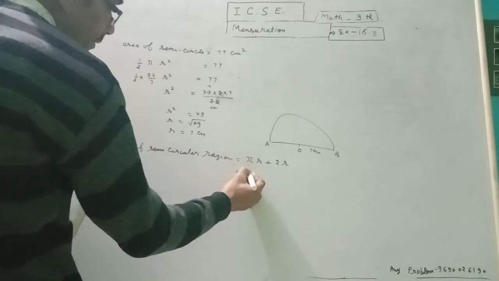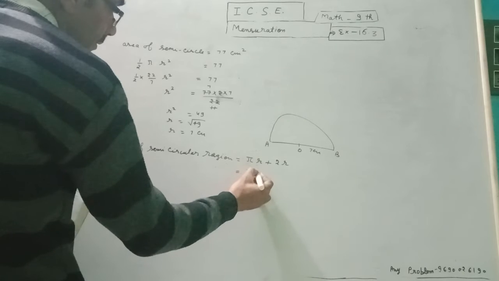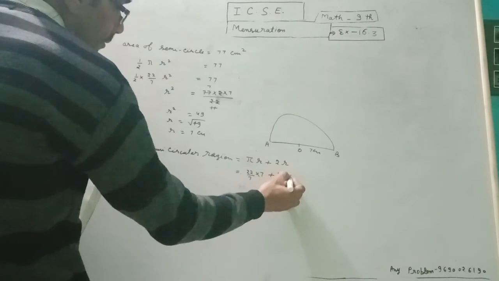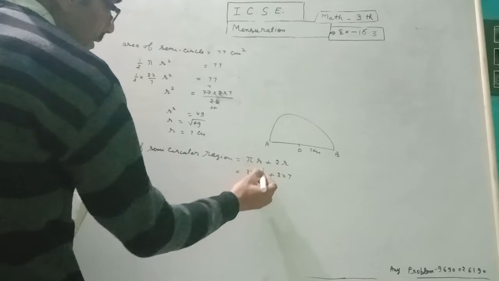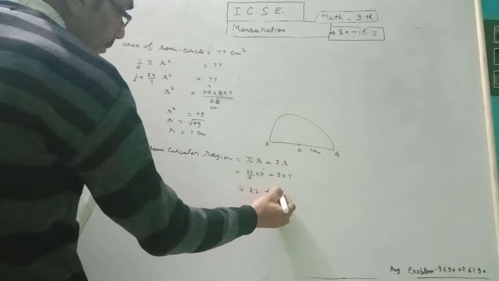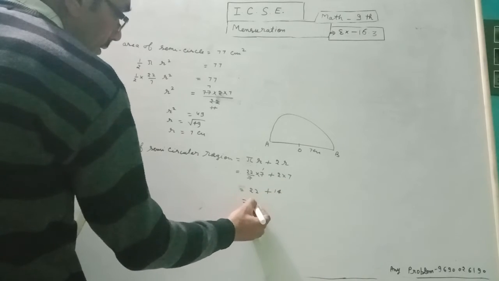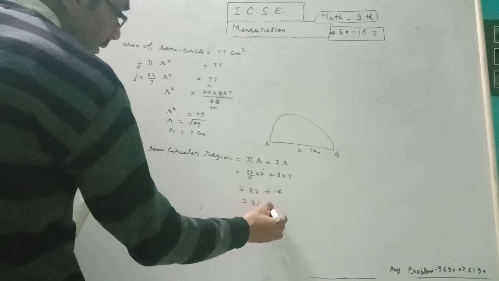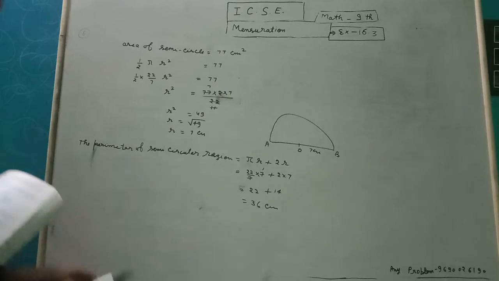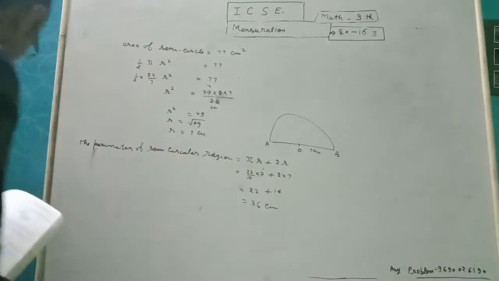Pi value is 22/7, r value is 7, 2 into 7. 7 ones are 7, 22 plus 14. After plus, 36 cm. Perimeter of semicircular region is equal to 36 cm.